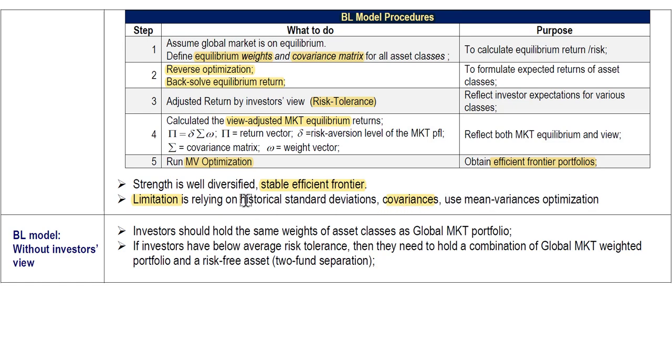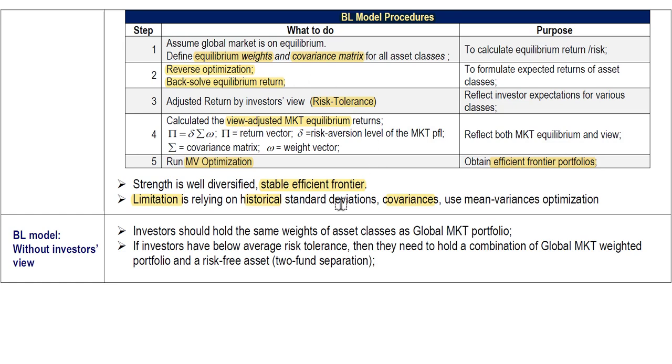Therefore, in some sense, the return you estimate, even though it is the reverse optimization, the backward procedure, still implicitly implies the ex post approach, not the ex ante approach.